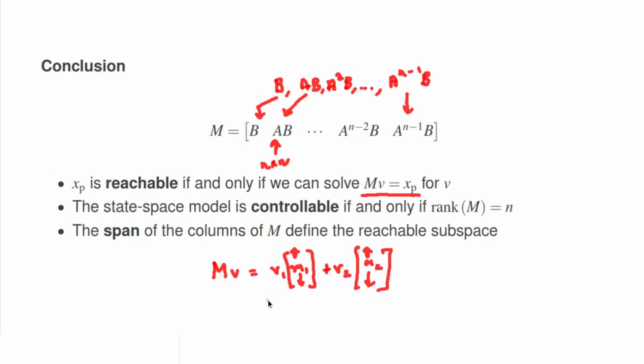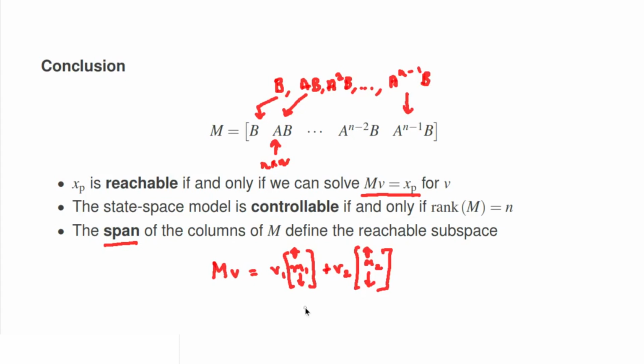The directions that these vectors pointed in could then be used to determine which parts of the state space we could reach. This concept is commonly known as span. The set of all reachable points from a set of vectors is the span of those vectors.